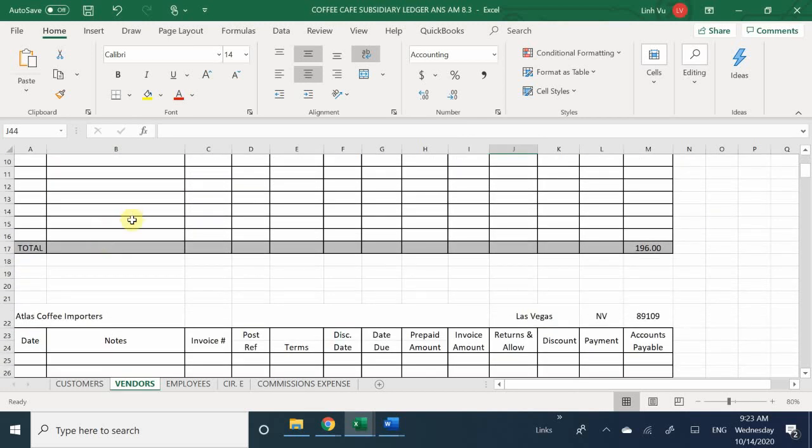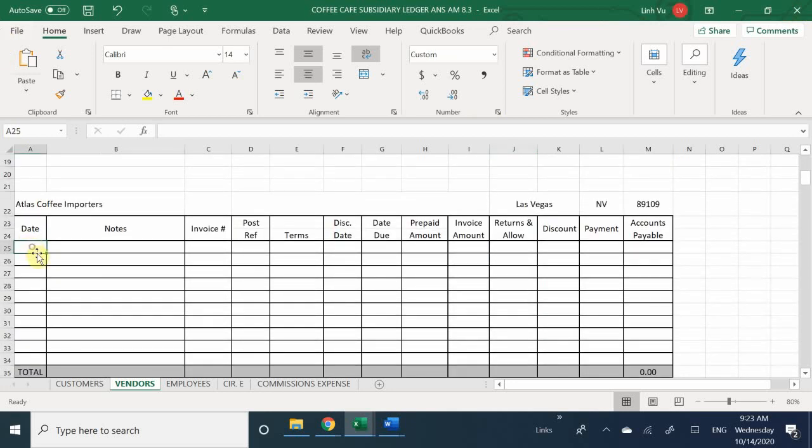I'm pretty sure it's page 3 of your subsidiary ledger, because Atlas Coffee is going to be the second entry on that page. So Atlas Coffee, here we are. Same thing, date is June 12th. Now here we're going to write notes that we received 25 pounds coffee.